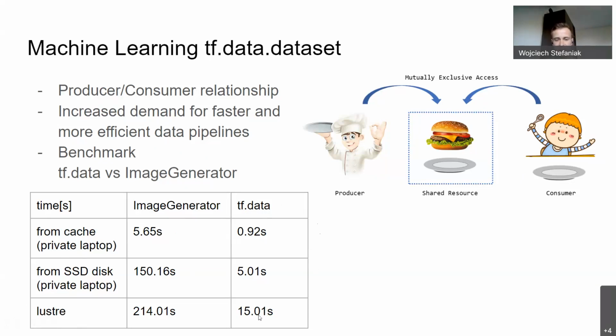But the second takeaway of this whole benchmark is that using Lustre to store our data is far less optimal than using the image generator and doing caching.